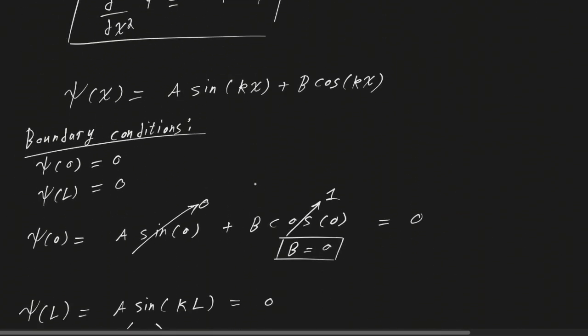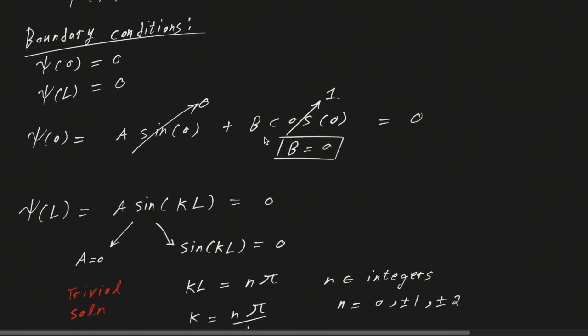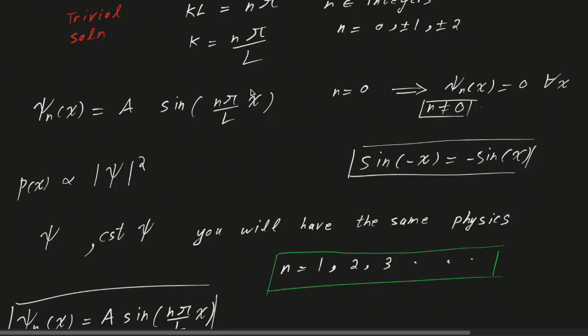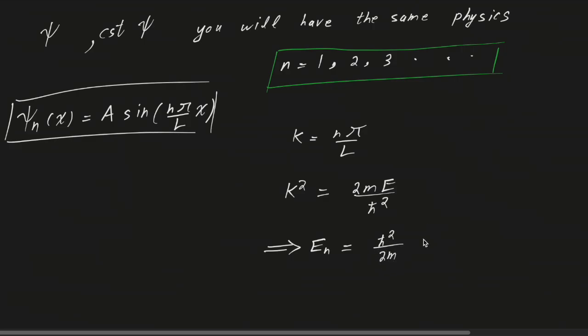Okay, so the wave functions are integer multiples, so they're kind of quantized, but also we have seen that k is equal to an integer multiple of pi over L. So remember that k equals n pi over L, but also k squared equals 2mE over h bar squared, which means that E n will equal h bar squared over 2m times k squared, but k is equal to n pi over L, squared.